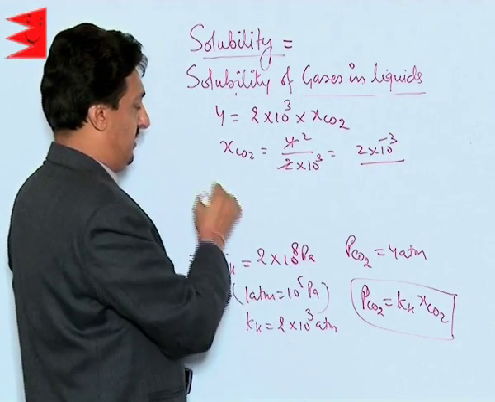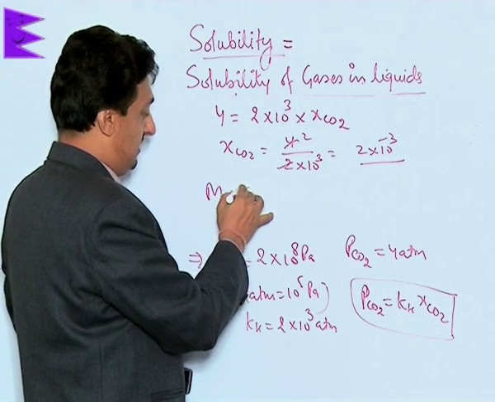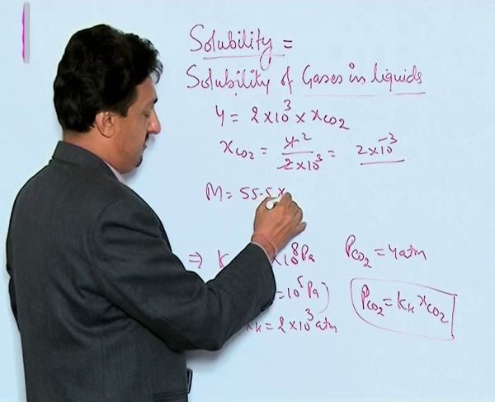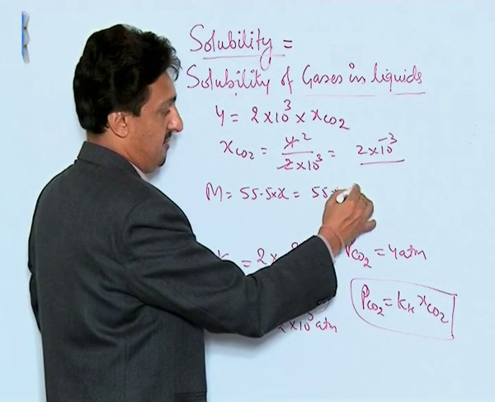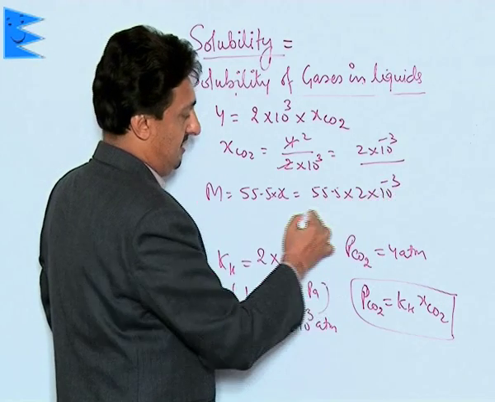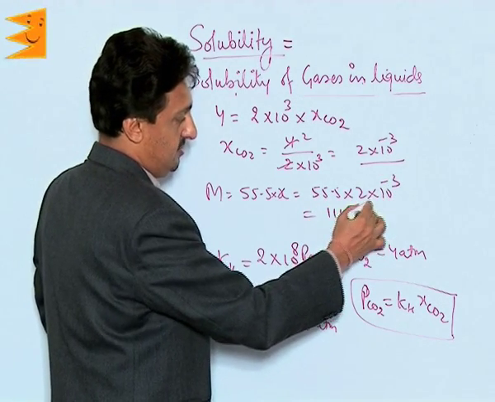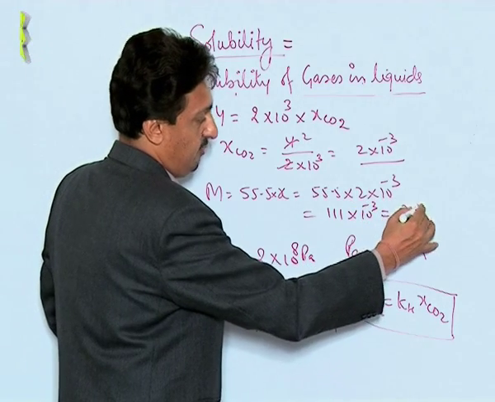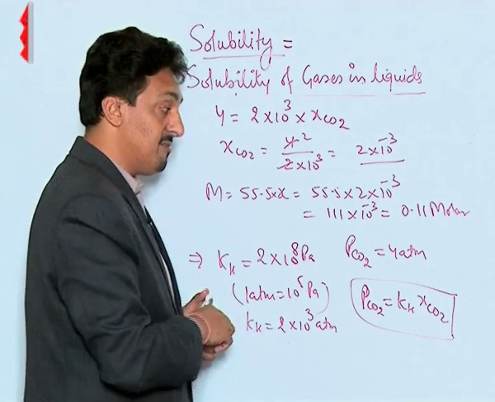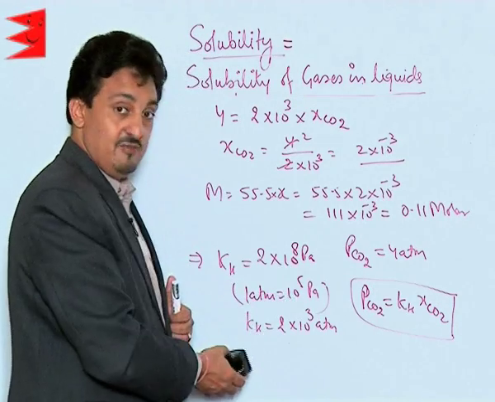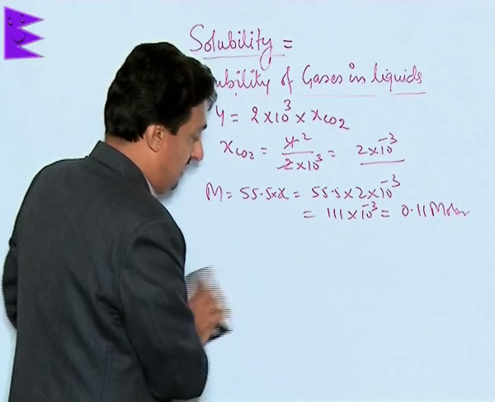Now this mole fraction is very, very small, so we know the molarity is 55.5 times the mole fraction. So it is 55.5 times 2 into 10 to the power minus 3. This comes out to be 111 into 10 to the power minus 3. So it is 0.11 molar, or we have this many moles in 1 liter of the solution, and the question was for 500 ml of volume.